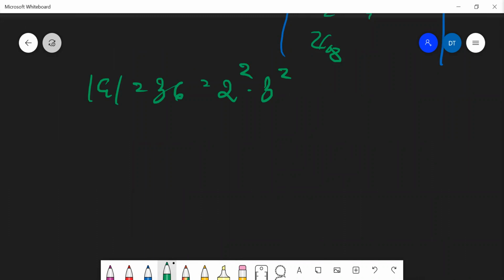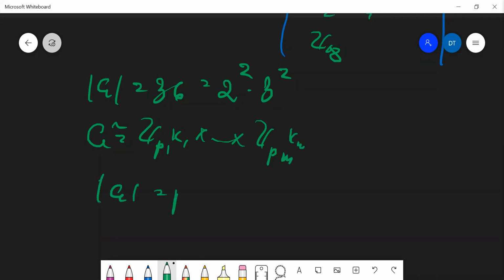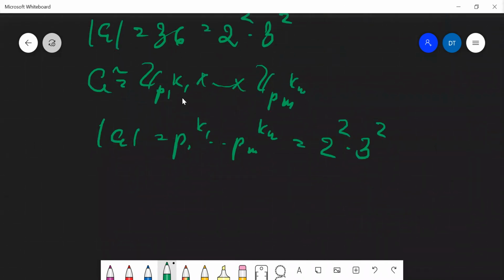So then what you do, again, your group must be in a form like this. Its order will be the product of these prime powers, and it must be 2 squared times 3 squared. So the options for these factors are as follows. You may have Z2, you may have Z4, you may have Z3, or you may have Z9.